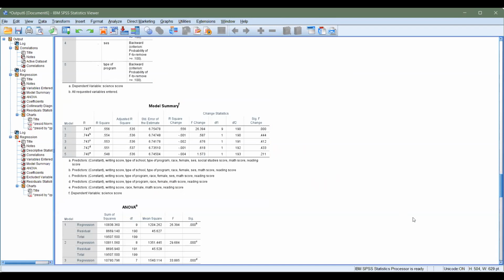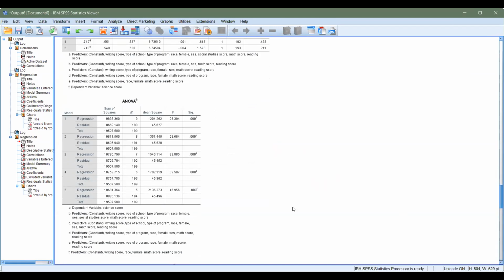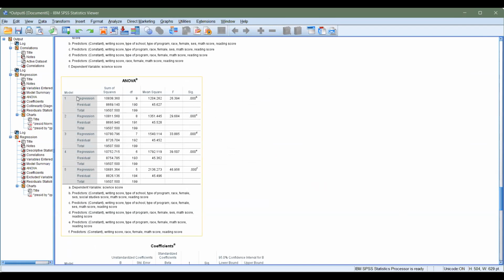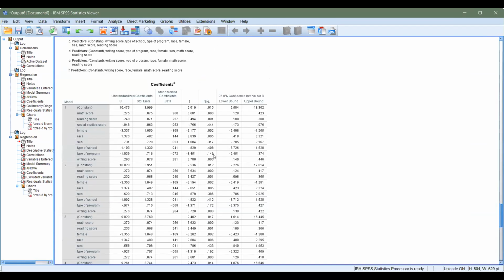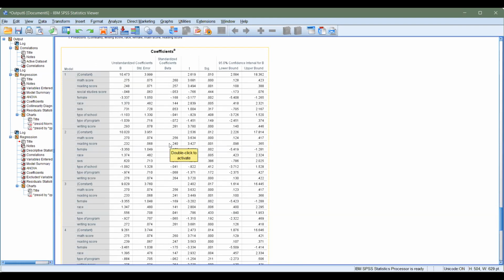So let's go here and see. This is ANOVA, where model 1 is significant, 2 significant, 3, all are significant. But let's go and check the coefficient table, which is the important table to see.